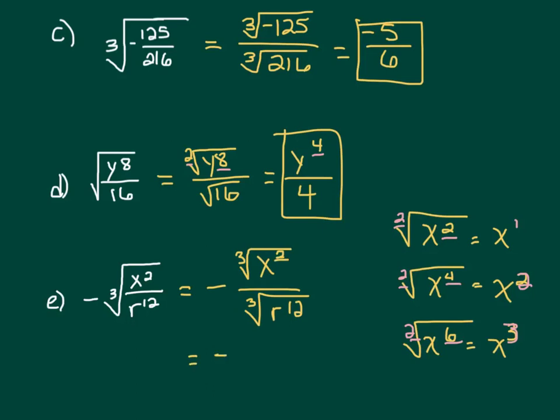Alright, so this would be 2 divided by 3, so it's not going to come out of the radical. So the numerator is going to stay cubed root of x squared. Now in the denominator, I have 12 divided by 3 is 4, so that's going to be r to the 4th.